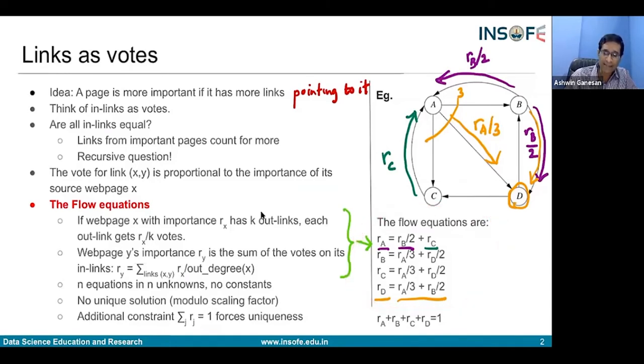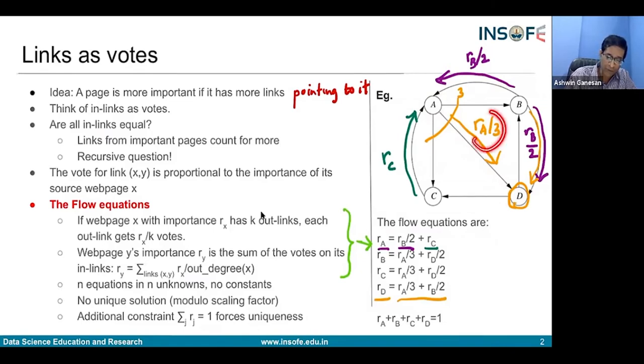The importance given to a web page depends on the importance of the web pages that point to it. The importance of web page D is determined by the fact that node A points to it, and there are 3 outgoing links from A. So the score of web page A is distributed equally among all 3 out-neighbors of A.